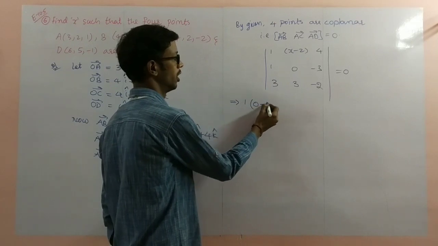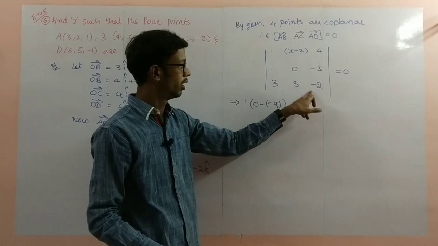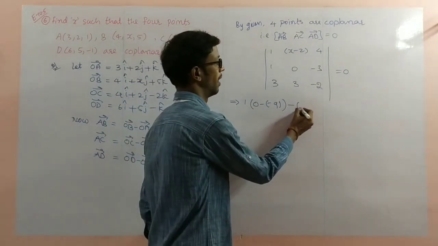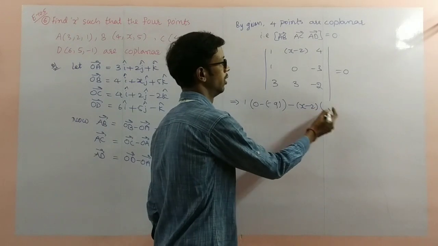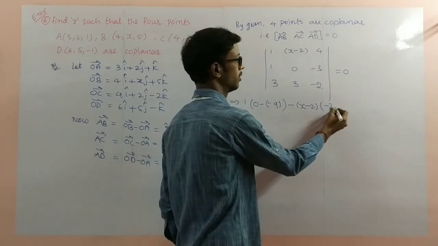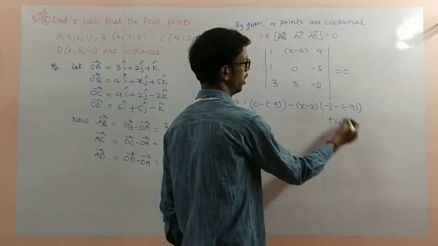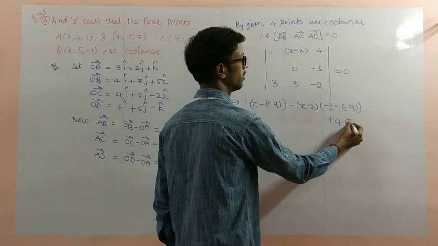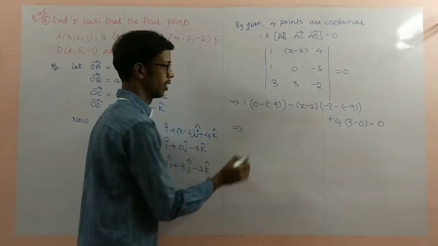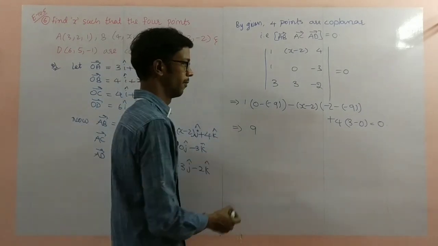1 into 0 minus of minus 9. Next, minus of (x minus 2) into (minus 2 minus of minus 9) plus 4 into (3 minus 0) equal to 0. Now, 0 plus 9 is 9. 9 into 1 is 9.